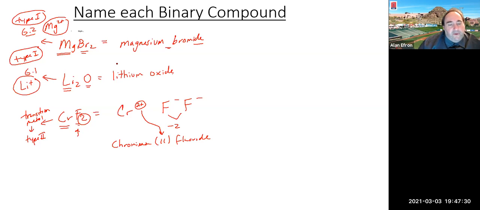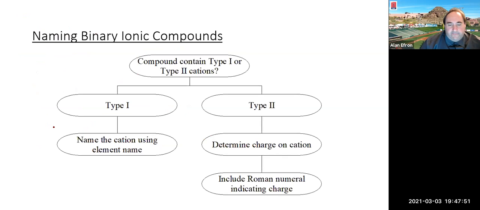Okay, so remember, always look at the metal. It's either going to have a fixed charge, which means no Roman numerals, or it's going to have a variable charge, which means you do need a Roman numeral. Any questions on type 1 or type 2 compounds there? Okay. Here's just a decision tree to help you decide which way to go.